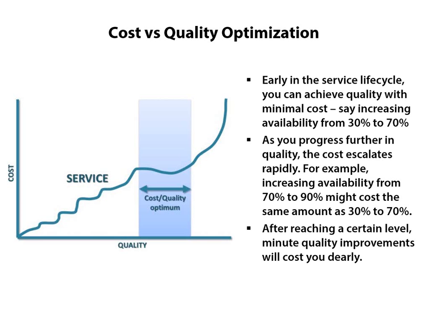Well, beyond 90%, for every percentage increase, you might end up spending the same as from 70% to 90%. As you move up the quality ladder, if you want to improve availability from 99.8% to 99.9%, you might end up spending a fortune.